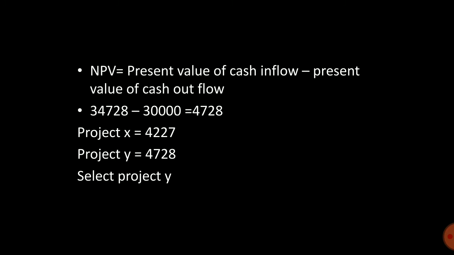NPV is the difference between present value of cash inflow and present value of cash outflow. So present value of cash inflow is 34,728 and cash outflow is 30,000, and the difference is NPV, and that is 4,728. So NPV of project X is 4,227, project Y is 4,728.